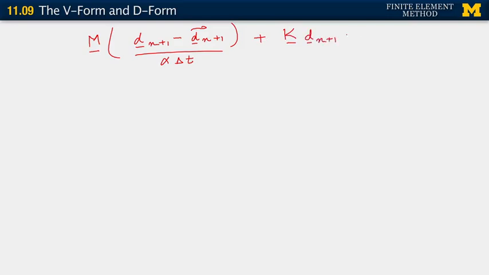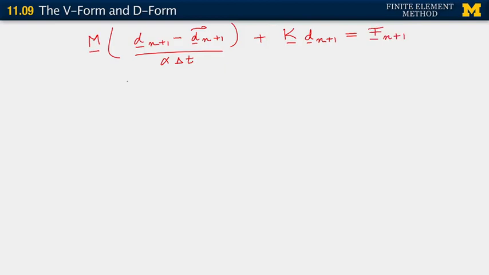Okay, so when we substitute in our discretized form of the ODE, m for Vn plus 1, we had dn plus 1 minus dn plus 1 tilde divided by alpha delta t, right? That is our approximation for Vn plus 1. Well, that's our expression for Vn plus 1 using the Euler family. And here we have k d n plus 1 equals f at n plus 1.